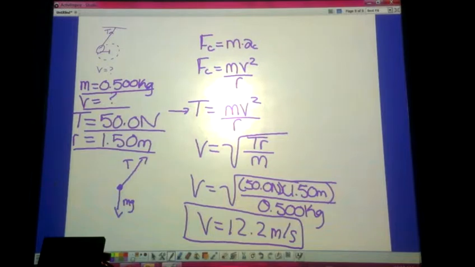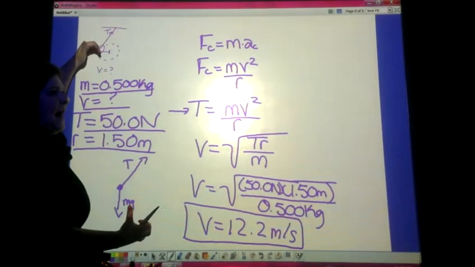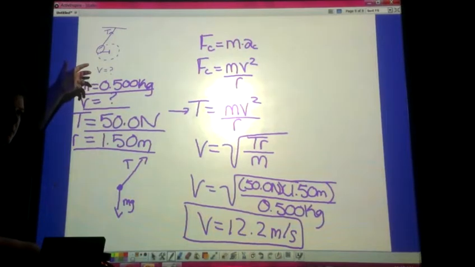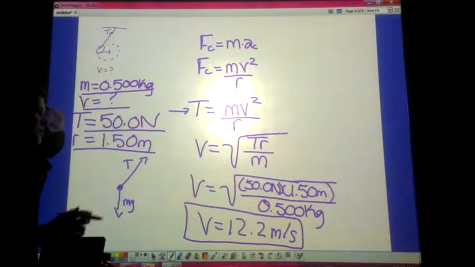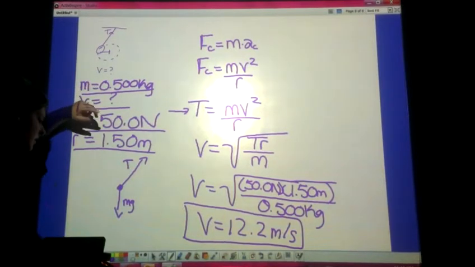But then as mass increases, if I'm going back to the puck, if I have a puck that has a much larger mass, then the speed is going to decrease. Okay, we'll do a lab this coming week with the conical pendulum, so then that way you can see what that would look like.